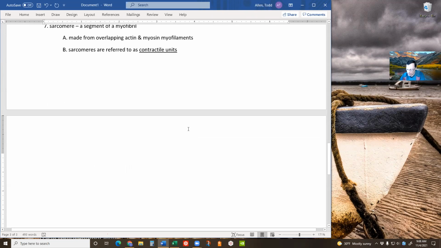Okay, so I'm not going to give you an exhaustive list, but I'm going to talk about some major ones that are important to me and should be important to you. Okay, so I'm going to be referencing table 10.2, and again, I'm not going to list everything in that table in your notes, but I need to talk about some of them. Okay, so first off are the contractile proteins.